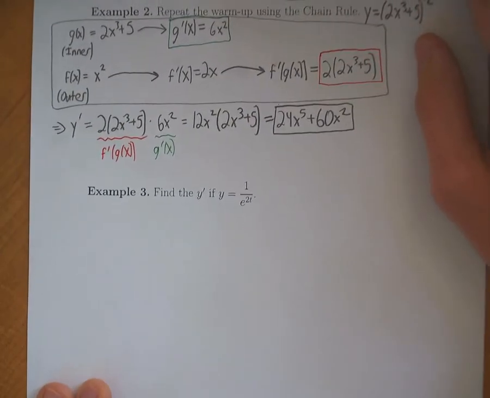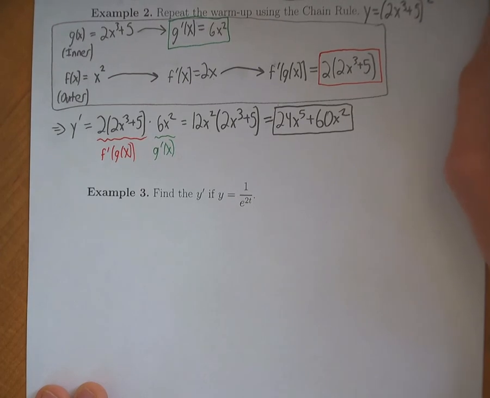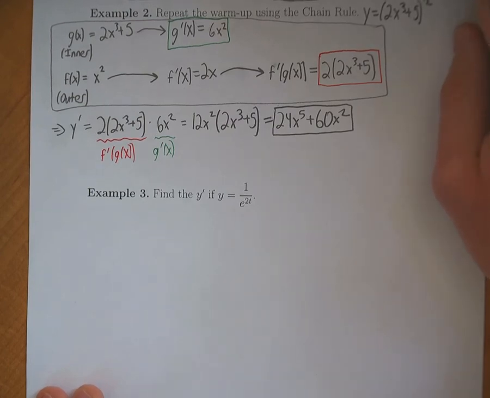Okay, so any questions on that? All right. So now let's do the same thing with example 3 here. Now we need to differentiate y if y equals 1 over e to the 2t.